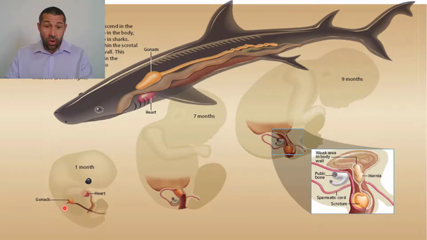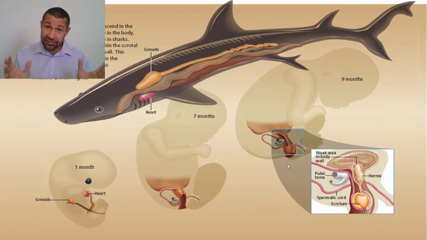So as a result, during the development of the fetus, the gonads, the testes, are going to migrate downward. And then at birth, or a few days after birth in mammals, the testes are going to descend out of the body to be stored in the scrotum outside, external to the male, to keep them cool.